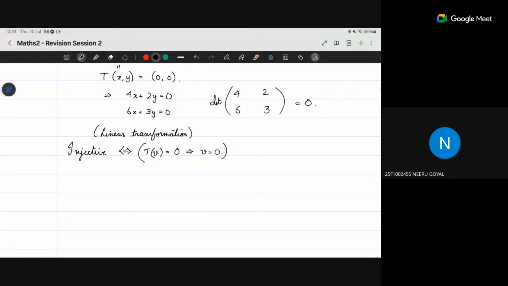Sir, could you please state one example of onto as well? A surjective function. We don't know rank nullity here, right?